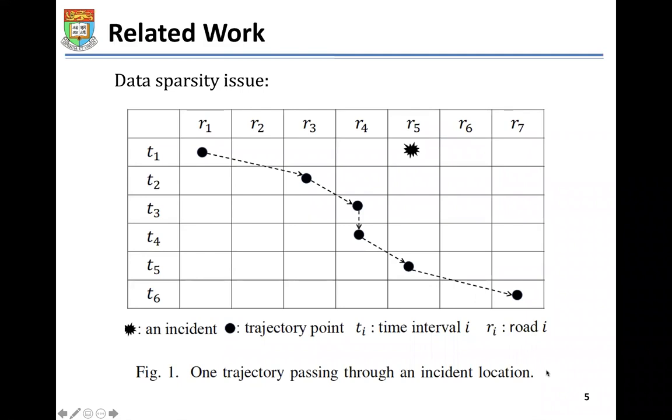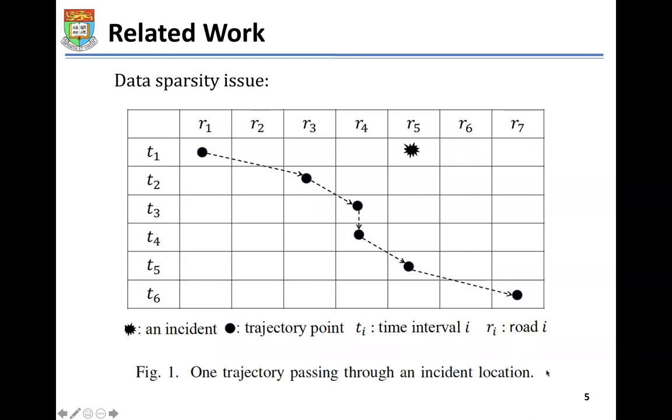However, not all spatial and temporal feature differences may be available when only a few trajectories are contained in the dataset. For example, in Figure 1, only one trajectory is passing through the incident location and road R5 within 6 time windows, T1 until T6.